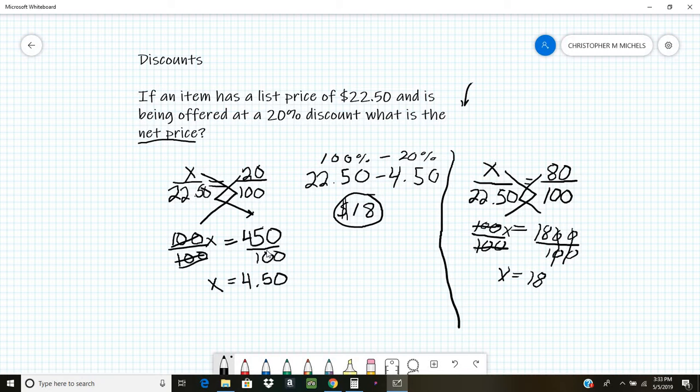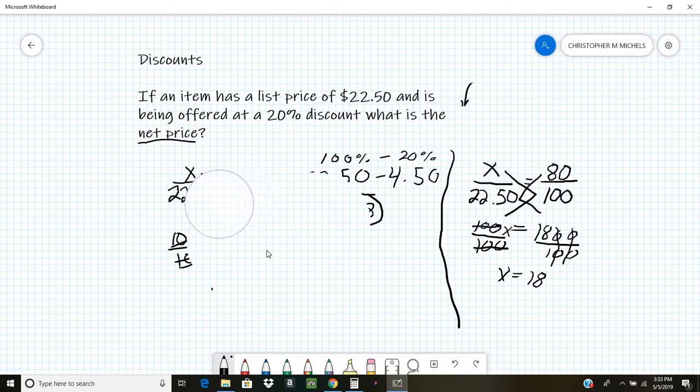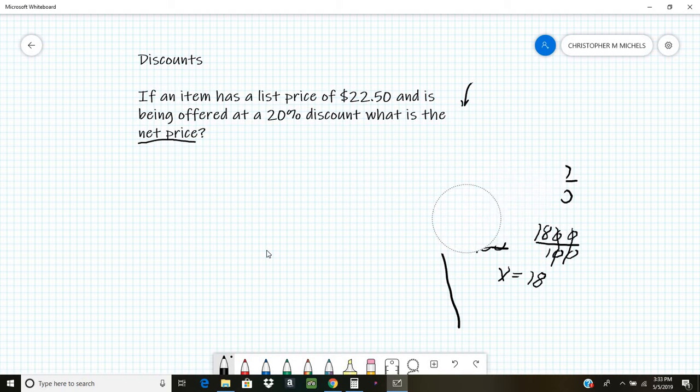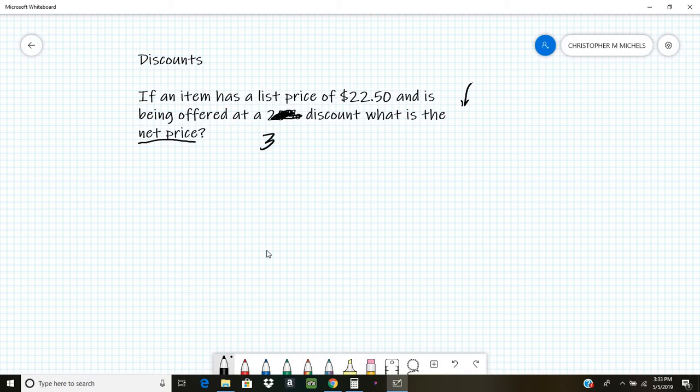Even if they changed it, let's give you another example here. Let's use the same price, so you can kind of get an example of getting to the answer faster. Let's say instead of a 20% discount, let's say it was a 35% discount.